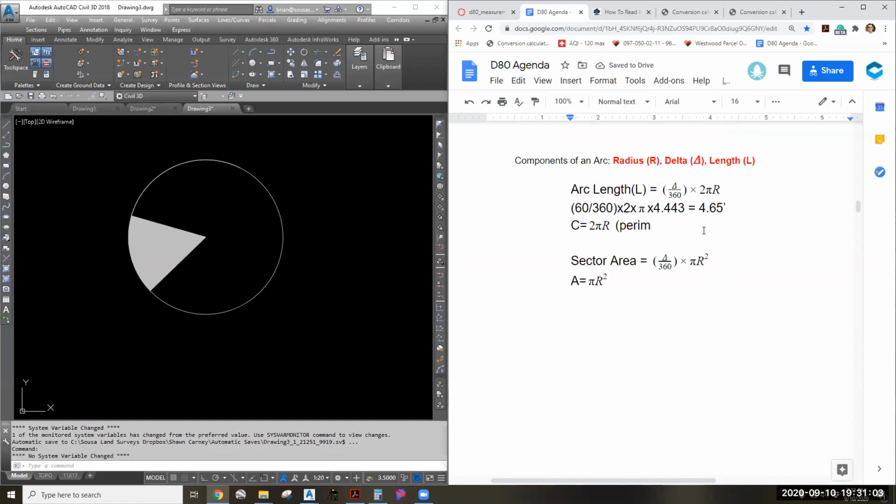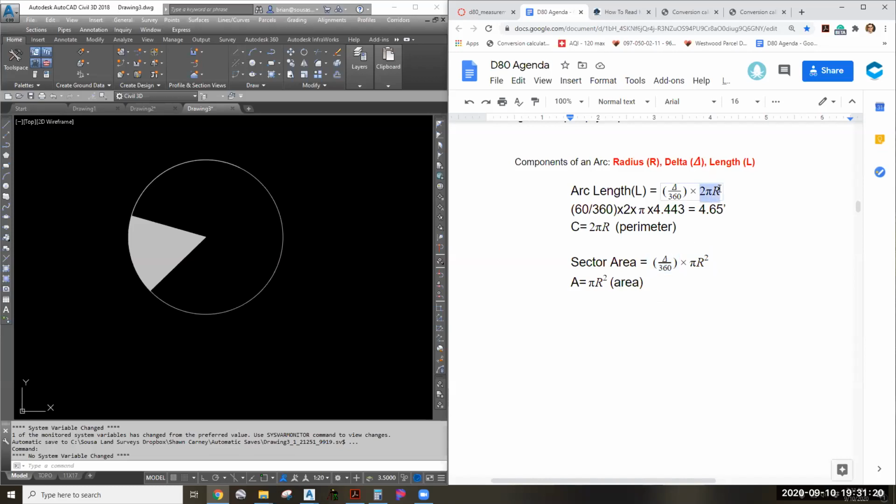Okay. So this is the fraction of the area in which it encompasses.